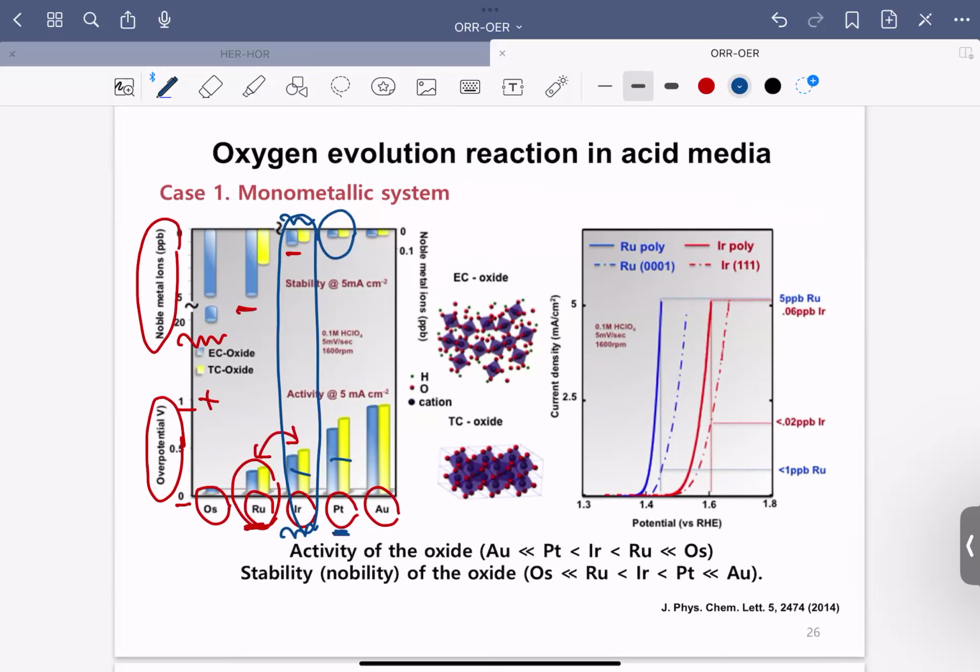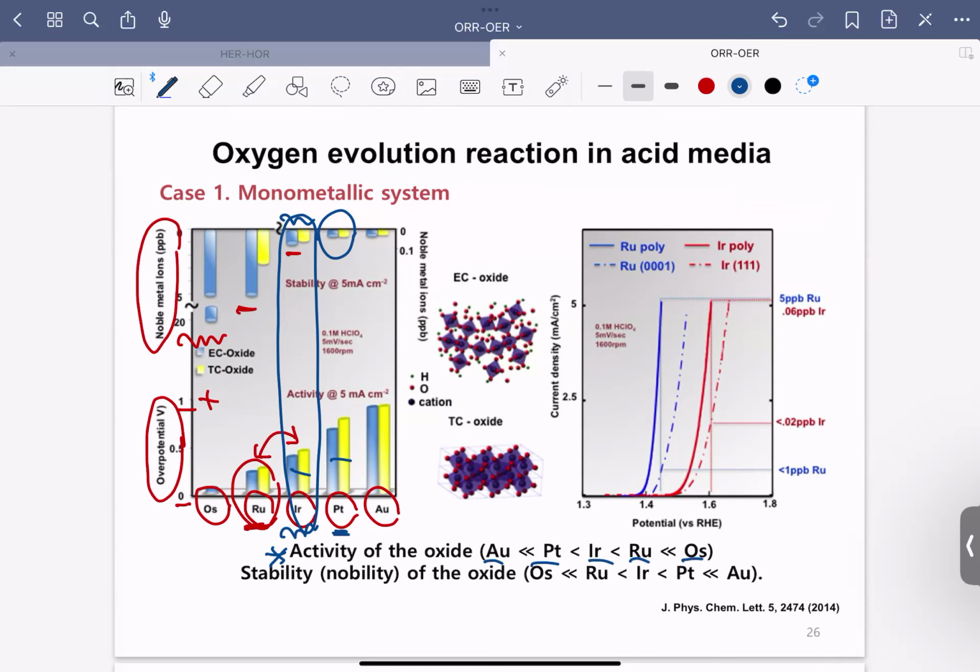So if we discuss the trend of the activity and the stability, please keep in mind the discussion of the stability in this chapter, we will only narrow down to the dissolution of the metal, right? So anyway, if you focus on the activity of the oxide, it follows this trend: gold, platinum, iridium, ruthenium, osmium.